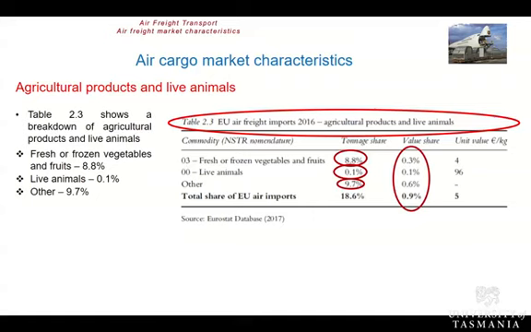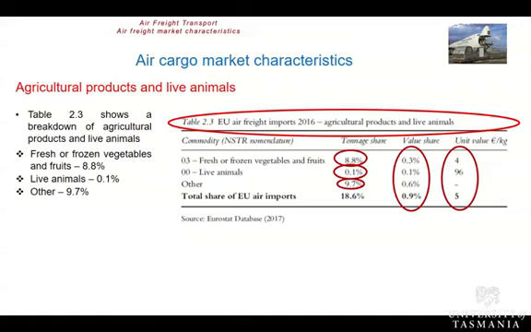We can see that it doesn't necessarily contribute a lot to the value of the sector or the overall imports into Europe. And the interesting statistic here is that fresh and frozen are sitting at about €4 in terms of value per kilo, so it's quite low.